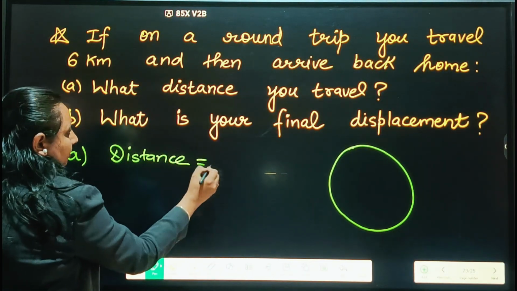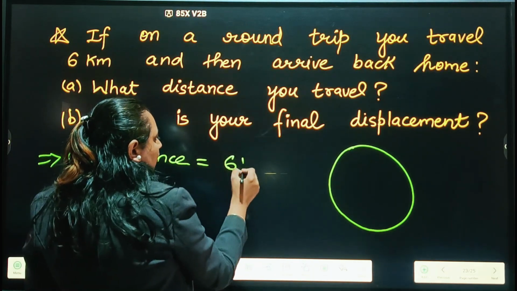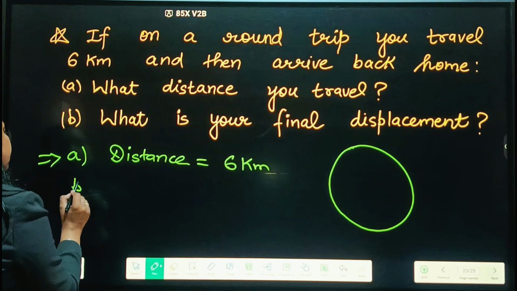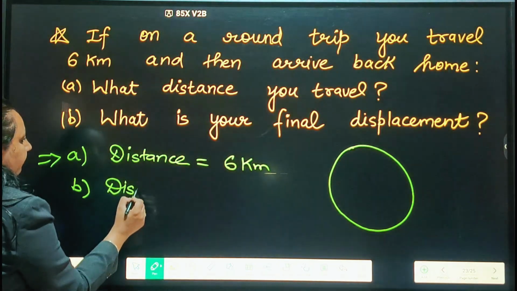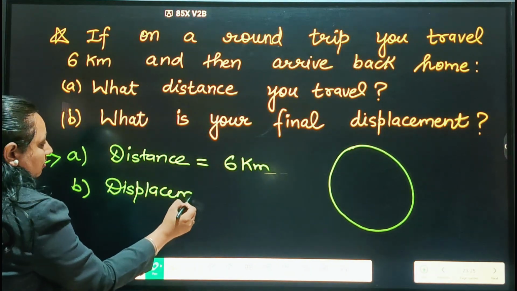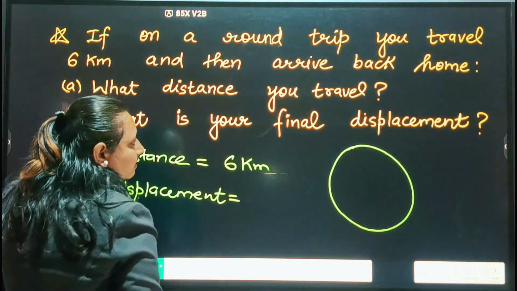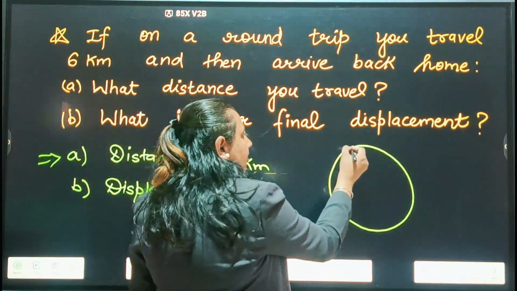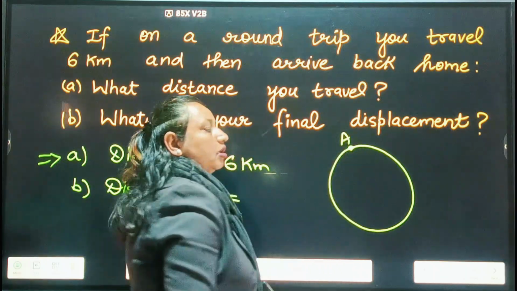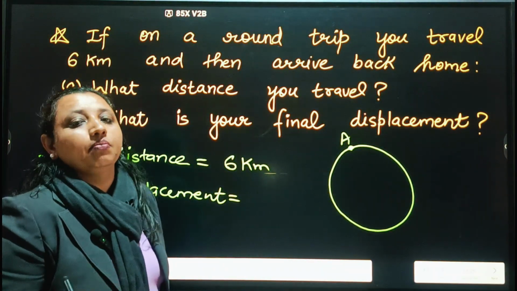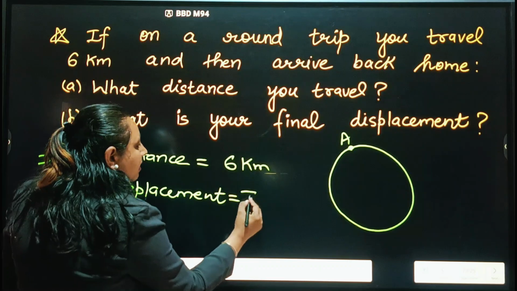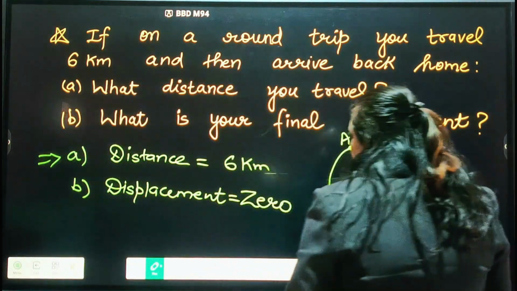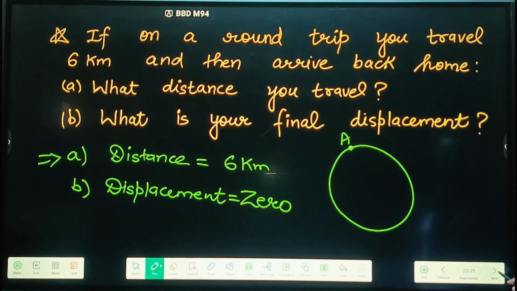If you complete 6 kilometers, that means 6 kilometer is the distance. ठीक है, and displacement we have done in the previous question. Displacement in case of circular या cyclic turn in which you return to the same point or same position from where you start, in that case displacement is 0. ठीक है, तो distance is 6 kilometer and displacement is 0.